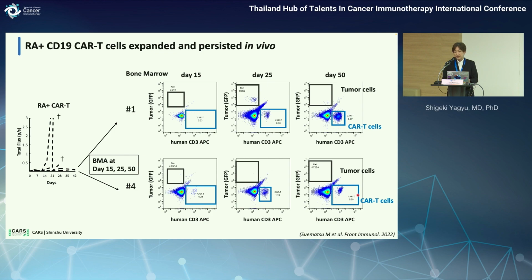We evaluated the expansion of CAR T cells in vivo by sequential bone marrow aspiration of the mice. In the two long-lived mice treated with RA plus CAR T cells, the CAR T cells were expanded even at day 50 after treatment, reflecting the characteristics of the memory-like phenotype.